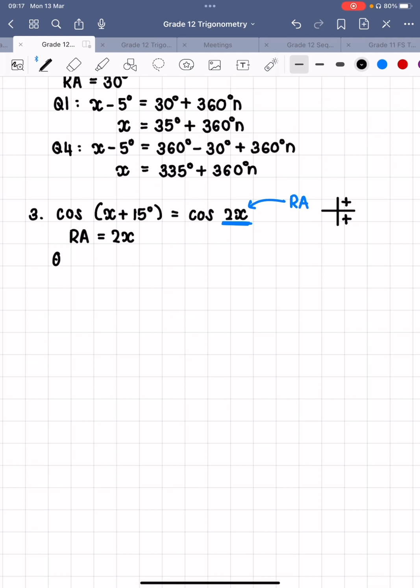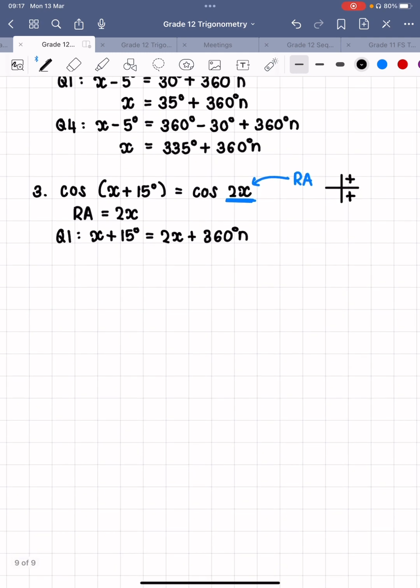So in quadrant 1, we're going to have this angle, x plus 15, equal to 2x plus 360n. So I'm not going to write it again because I have written it up at the top. But you can. Okay, if you want to write it every time.